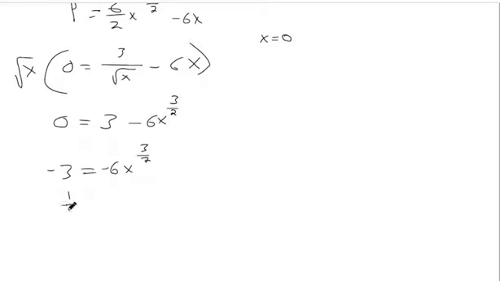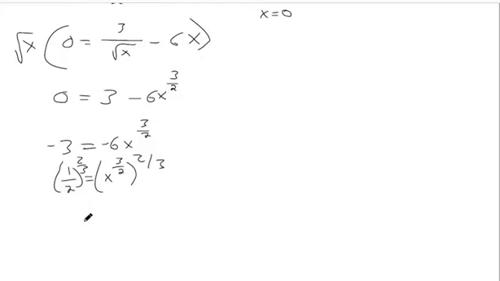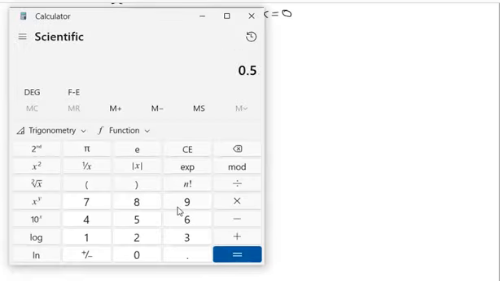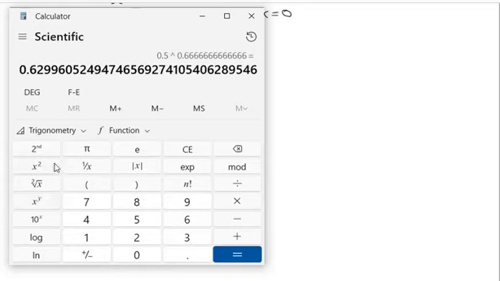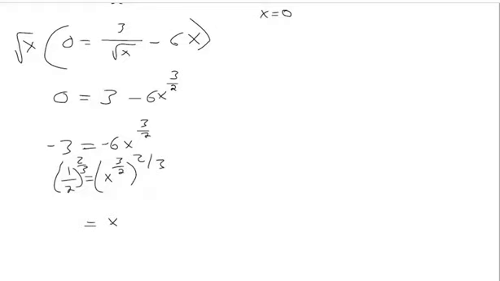Divide negative 6 from both sides. And then we use the 2/3 power on both sides, okay? So we got x is 1/2 to the 2/3 power, so 0.5 to the 0.666666 repeating power. So 0.63 roughly I got.